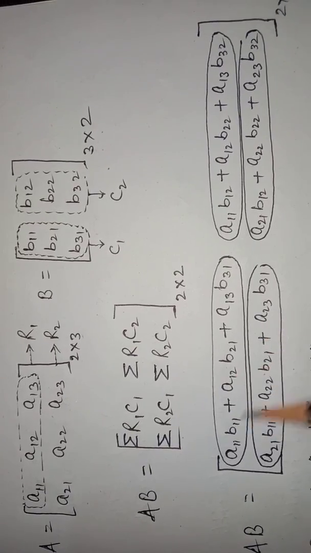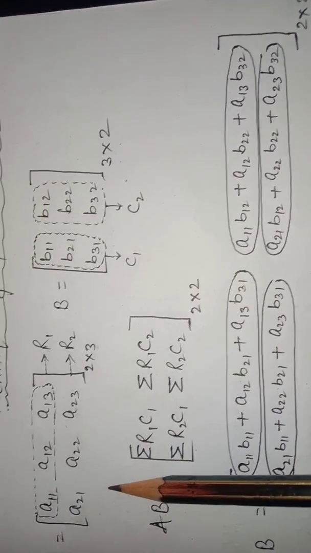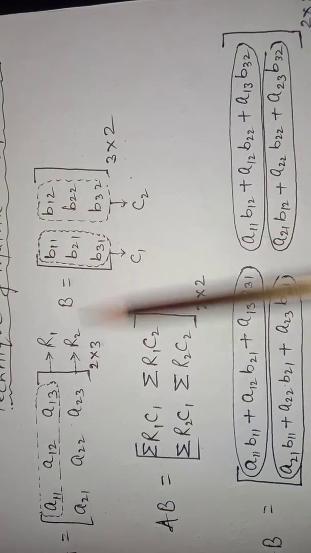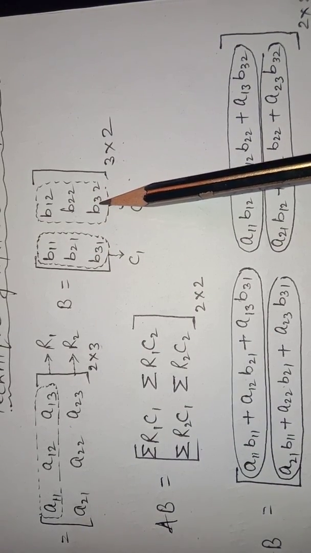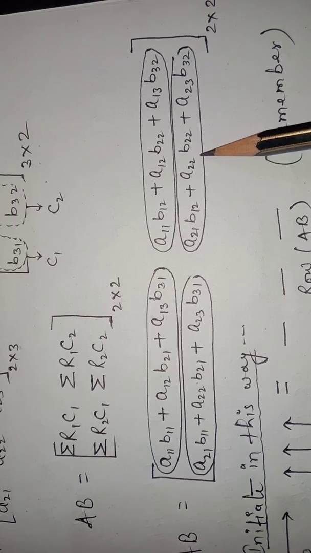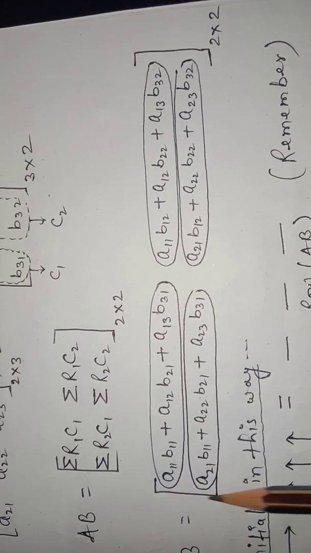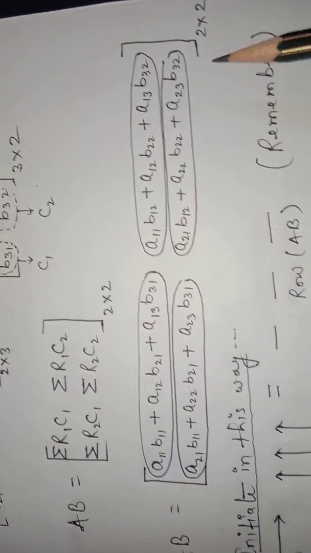And finally we are getting, in this way, A21 B12 plus A22 B22 plus A23 B32. So in this way we are getting a matrix of order 2 by 2.